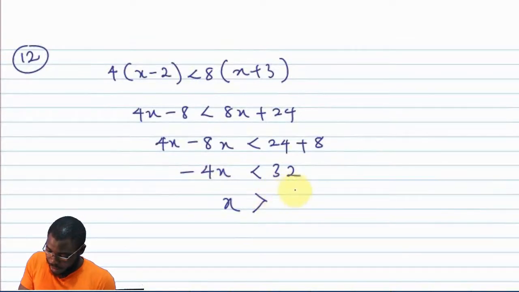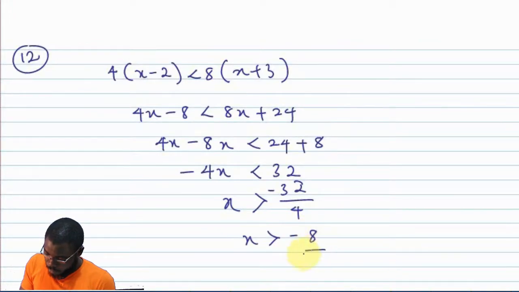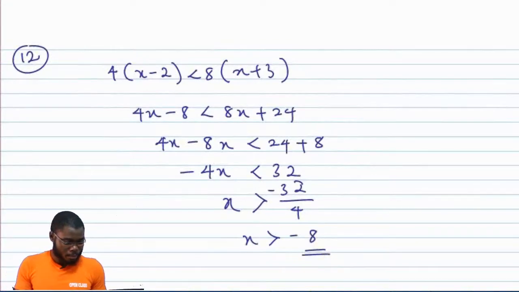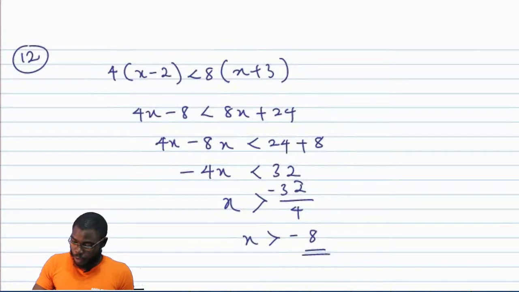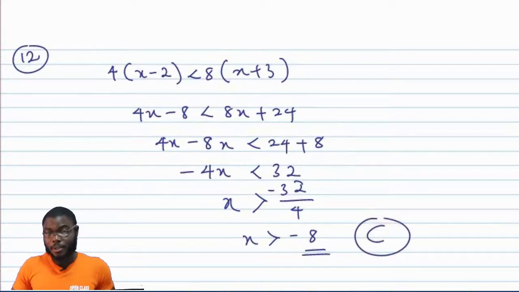So x is greater than 32 over minus 4, that's minus 8. So x is greater than minus 8. If you look at that, you have C to be your option.